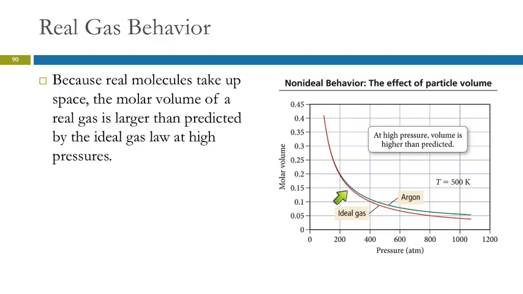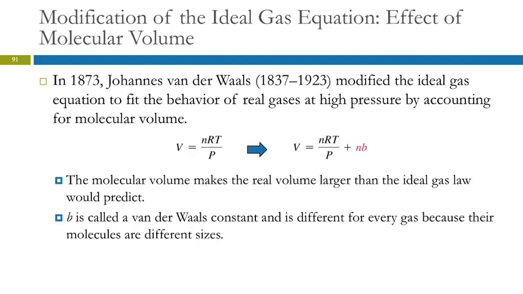But when we increase the pressure, what we see is that argon's molar volume is higher than predicted by the ideal gas law. So as you increase the pressure, we get some deviation. So this was observed, that real gases deviate.